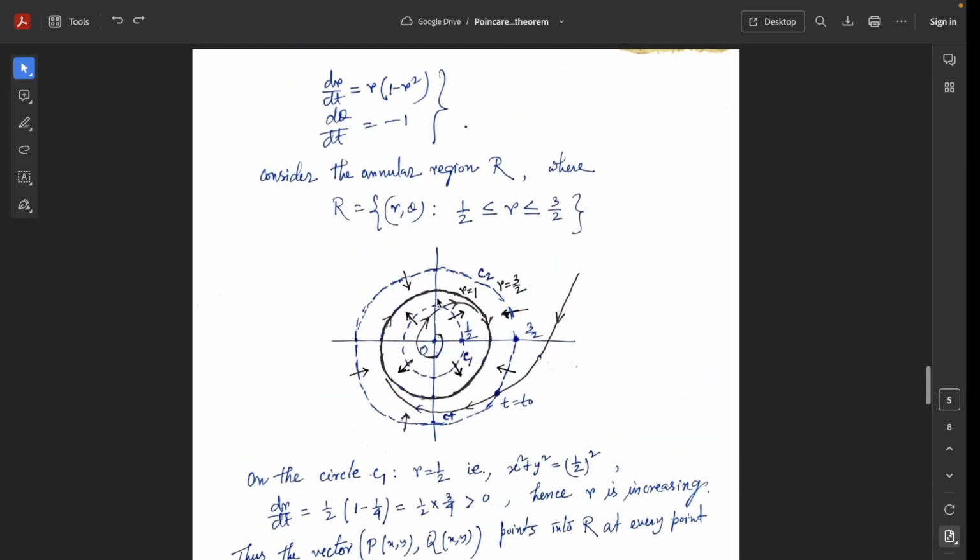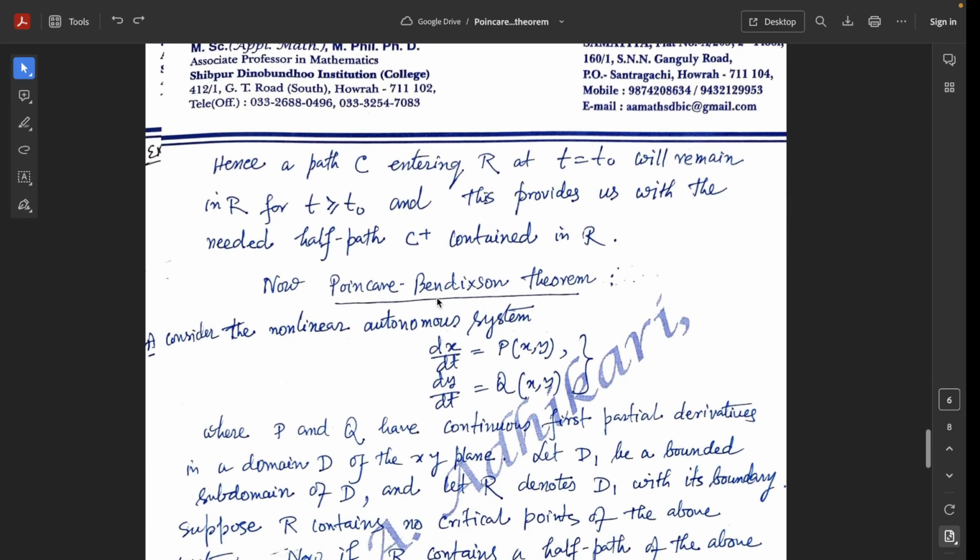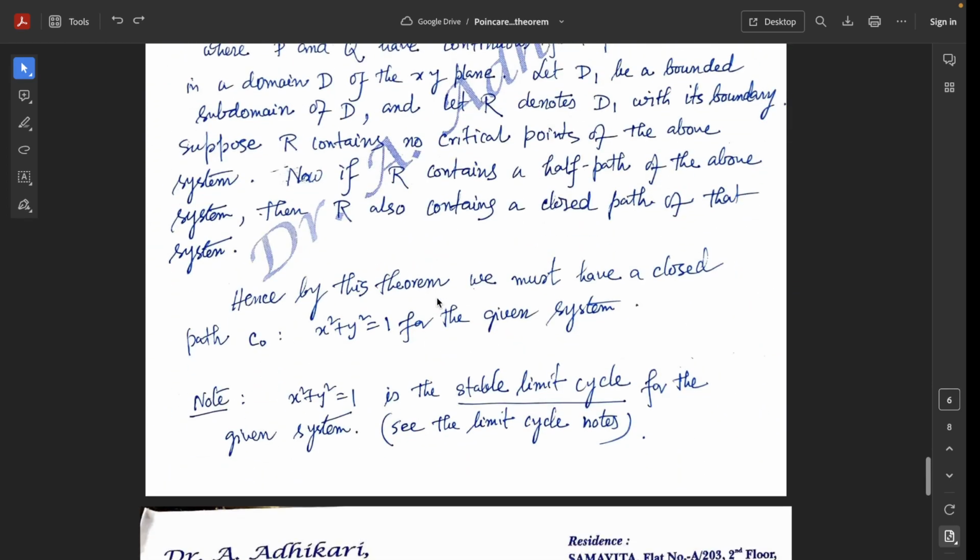Obviously, you can solve easily from this. We can get x square plus y square equal to 1. Actually, this is the closed path. Actually, this is the stable limit cycle, already discussed in the stable limit cycle chapter. So x square plus y square equal to 1 is the stable limit cycle of the system.